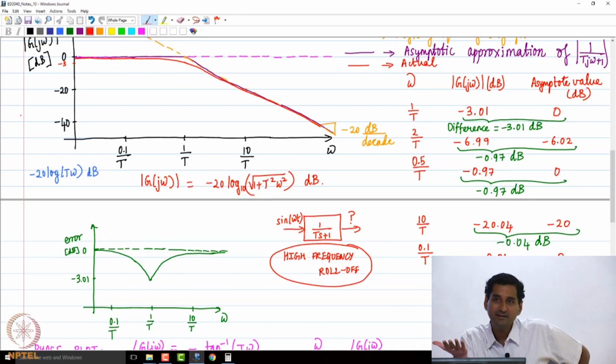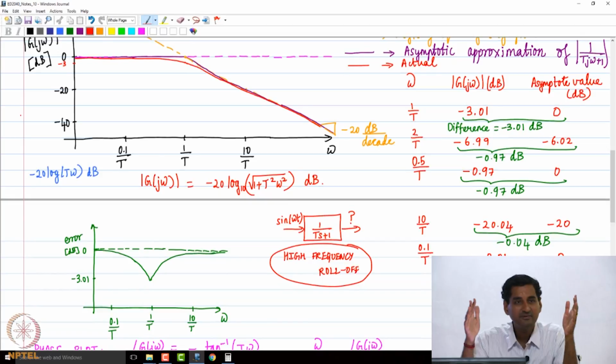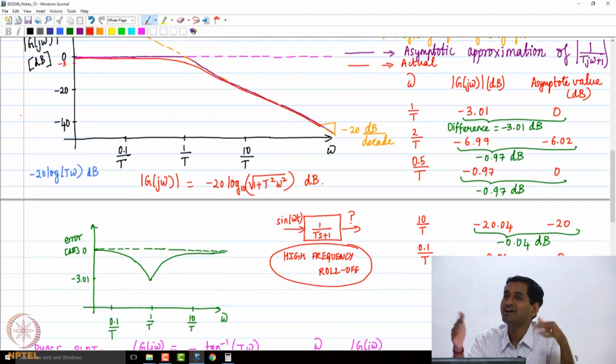Minus 3 decibel. So the transfer function of this form achieves minus 3 decibels at 1 by capital T, which is the corner frequency. In filtering terminology, that's called the cutoff frequency, and the frequency range between 0 and the cutoff frequency is called the bandwidth.